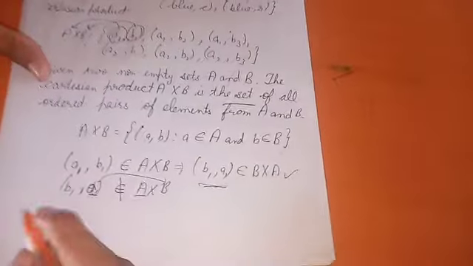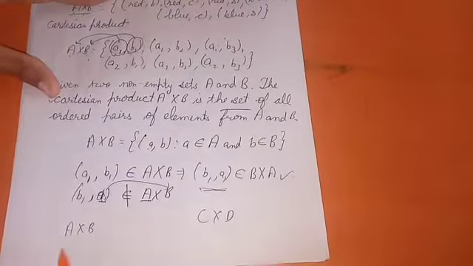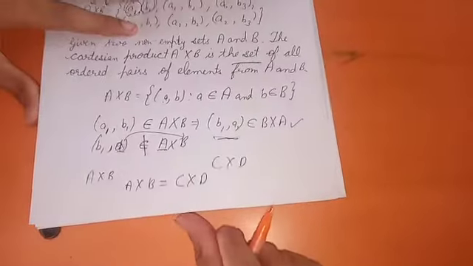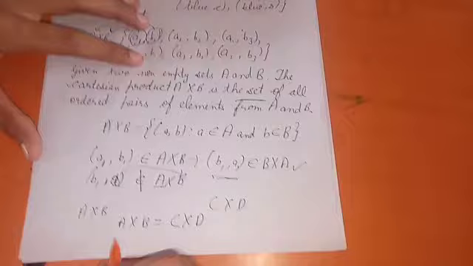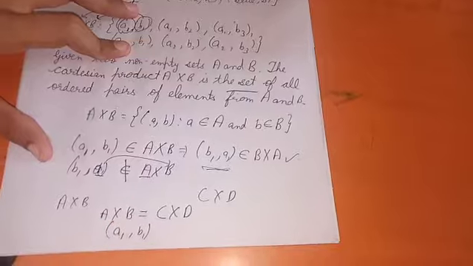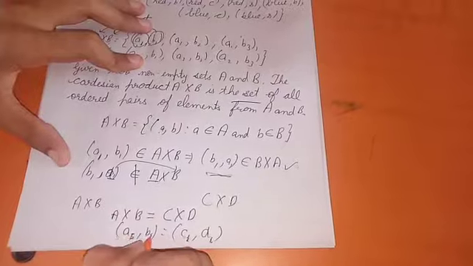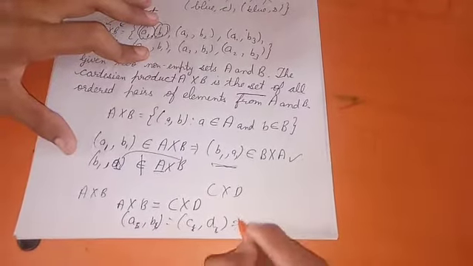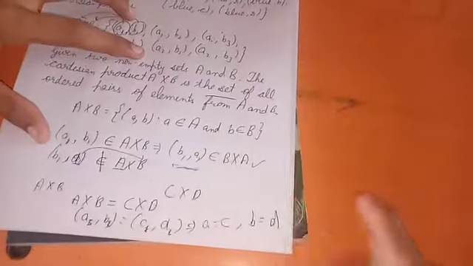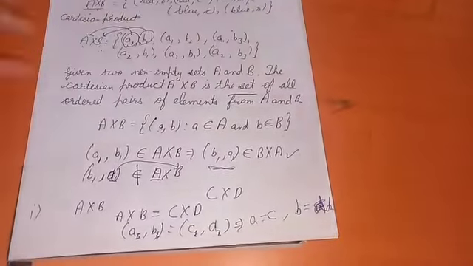That means, with two sets A cross B and C cross D, A cross B will be equal to C cross D if A should be equal to C and B should be equal to D. Only in this case we can say that these are equal.